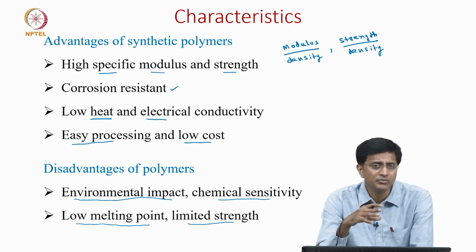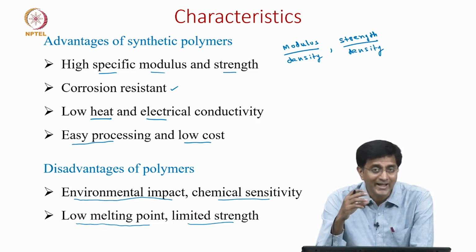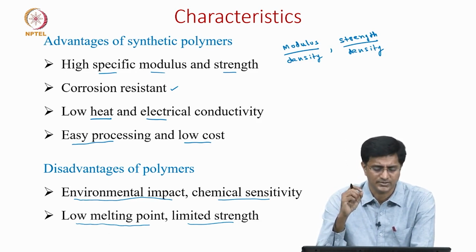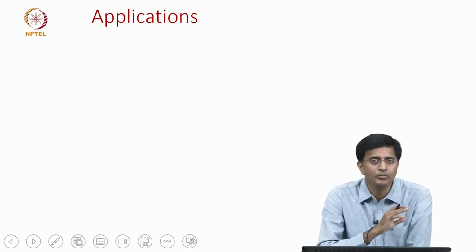If you look inside a car, you will see that in the interiors most of it is plastic because they are not the load bearing materials, but the actual load bearing materials are either made up of strong metals or composites. Having looked at both advantages and disadvantages of polymers, now let us look at their applications.